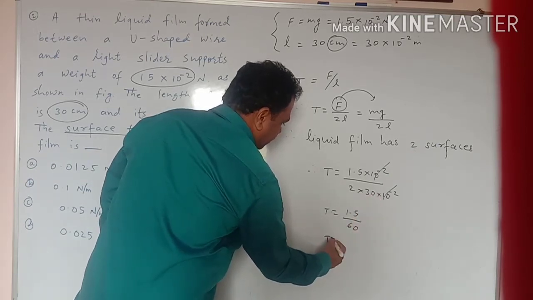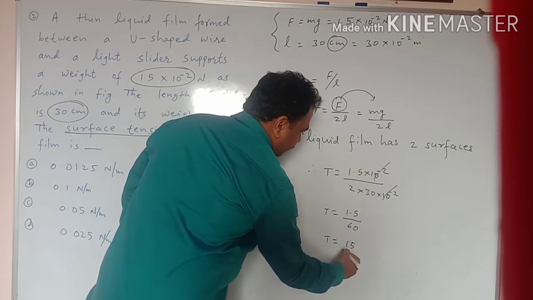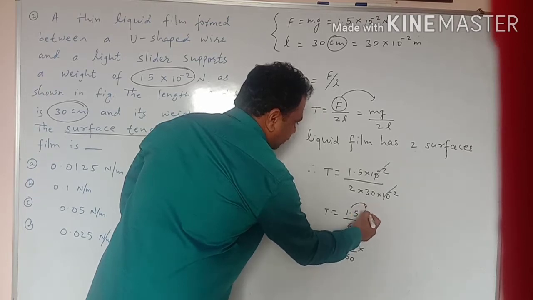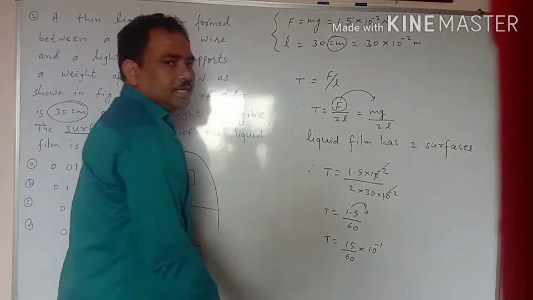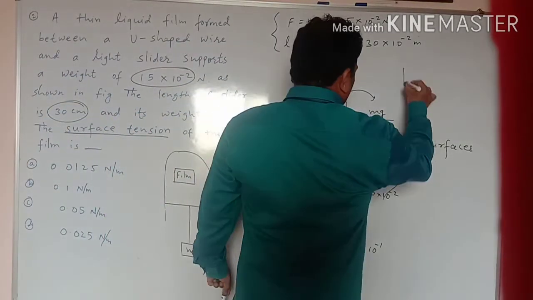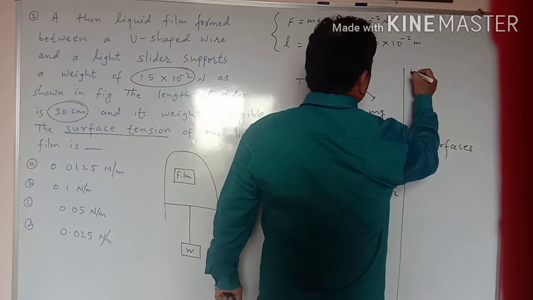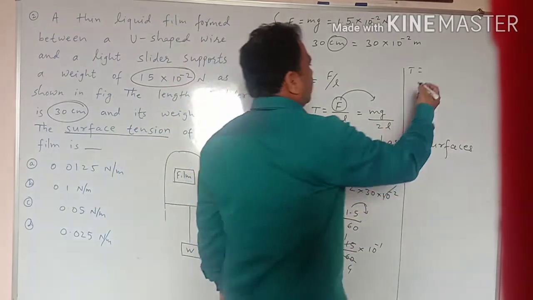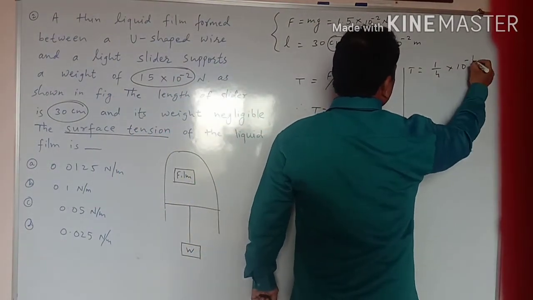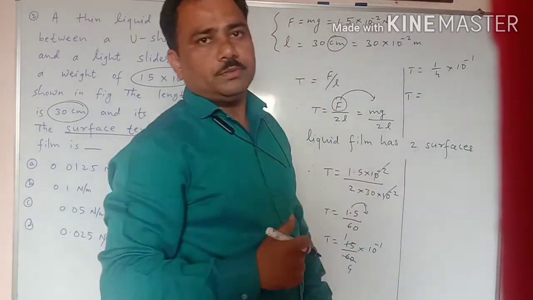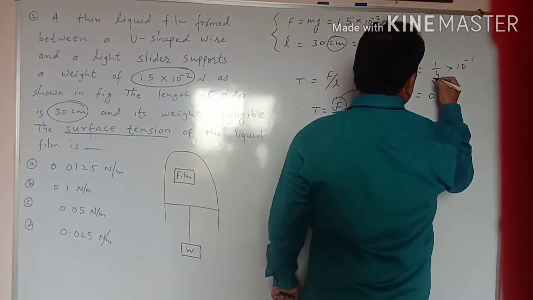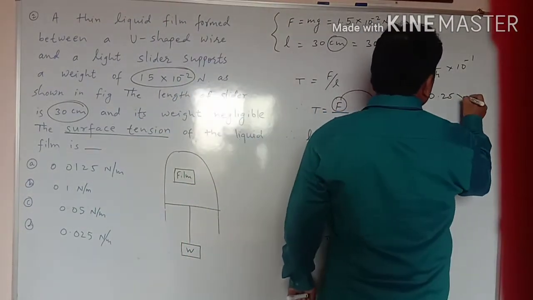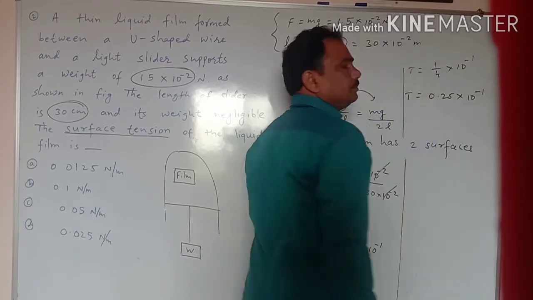So it becomes T is equal to 15 upon 60 into, shifting this decimal point after one digit, 10 to the power -1. 15 fours are 60, so we get 1 by 4 into 10 to the power minus 1, and we know 1 by 4 means 0.25.